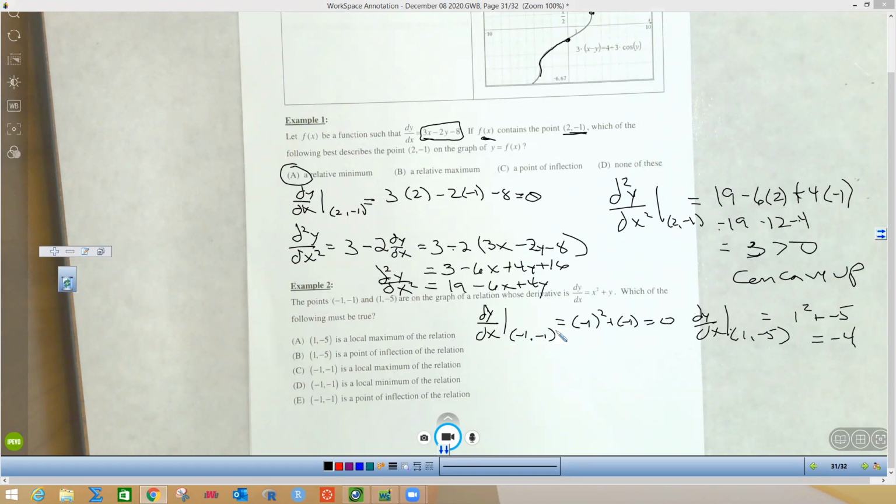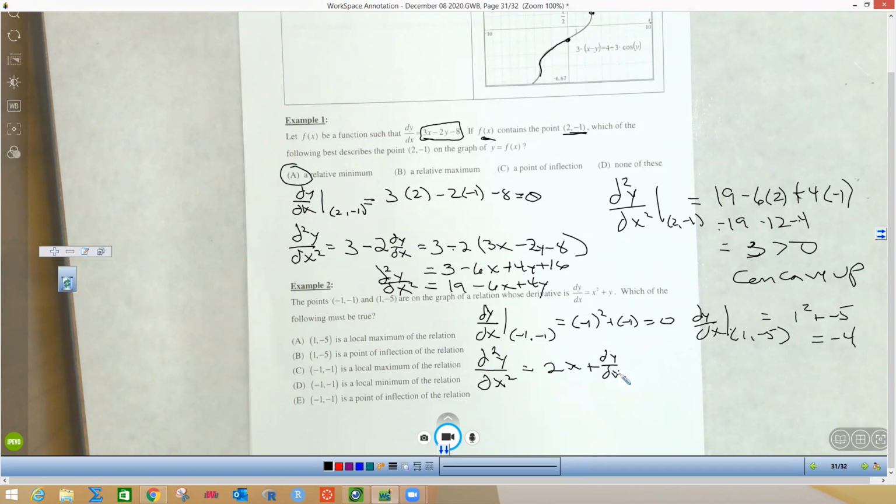Okay, so now I'm going to do the second derivative again, and I'm going to try to figure out what I get when I do the second derivative of this, plugging in (-1, -1) to find out if it's concave up or concave down. So the second derivative of y with respect to x is going to equal 2x plus dy/dx.